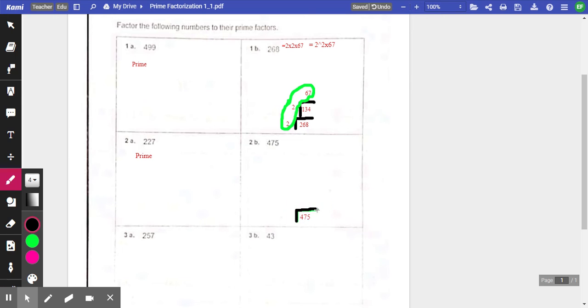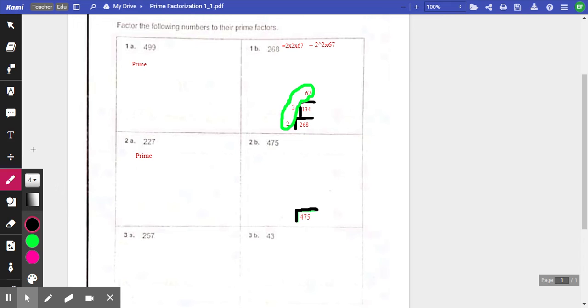And I said that we're always going to check and see if that number is divisible by 2. It's an odd number, so it's not divisible by 2. We're going to check and see if that number is divisible by 3. So we're going to add up 4 plus 7 plus 5. That's 16. And 16 is not divisible by 3, so it's not divisible by 3.